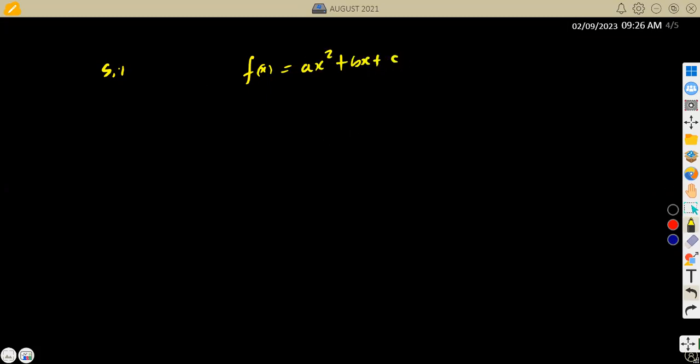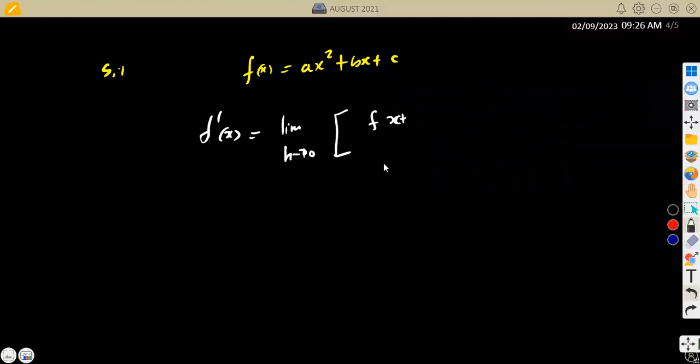And we are asked to apply first principles, where we know that the first derivative with respect to x is given as a limit as h is approaching 0 of f of x plus h.